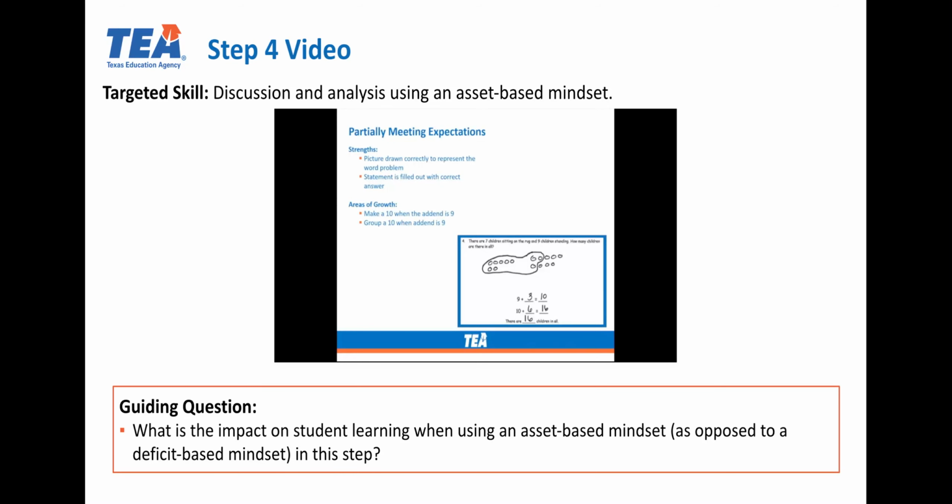In this instance, they were supposed to only circle one more to make a 10. Since the student circled 3, they transferred the 3 to the number sentence, which made it incorrect. This student was following the steps but did not pay close attention to the 9 plus blank equals 10.